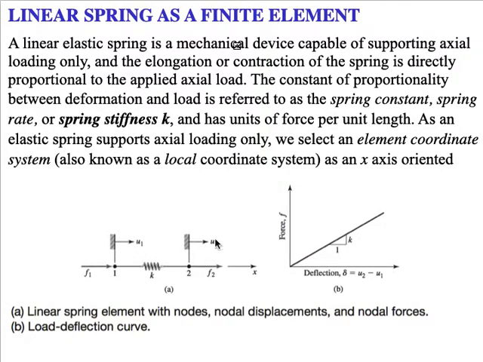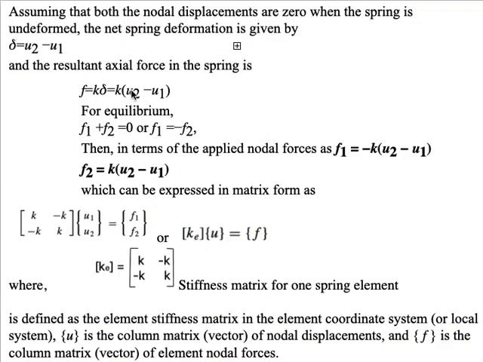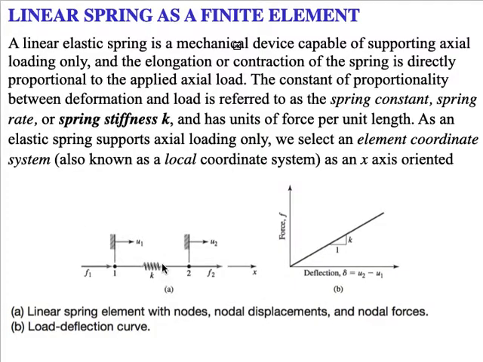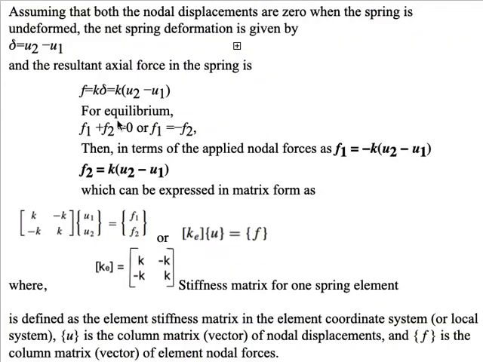The resultant axial force in the spring is F, that is equal to K into delta, where K is the spring stiffness and delta is nothing but u2 minus u1.